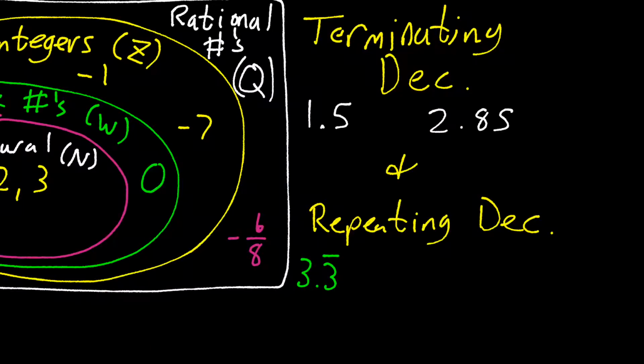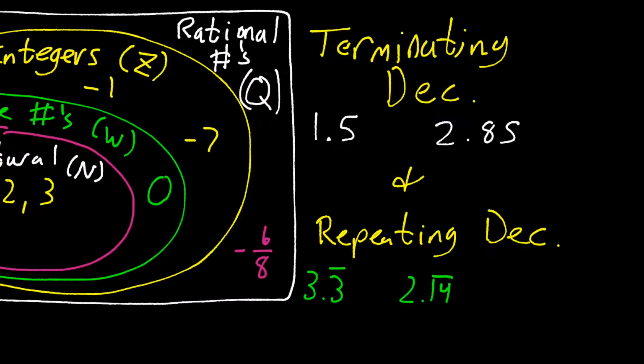Or we could have other numbers, such as 2.141414, that have more than one number repeating, but still the pattern repeats. So just like before, I wouldn't write out all of those 14s, but instead put the repeating bar above both of them to show they both repeat at the same time.